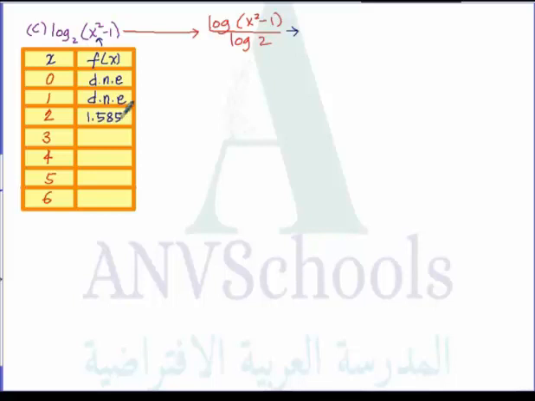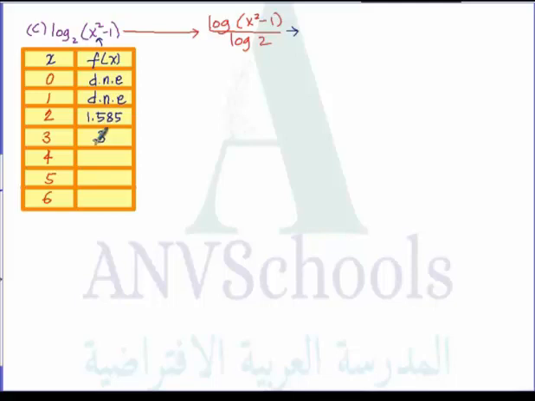If my x is 3, that would be 9 minus 1, so log of 8 over log of 2. So log 8 divided by log 2, and that will give me 3. So when x is 3, the value of the function is also 3.